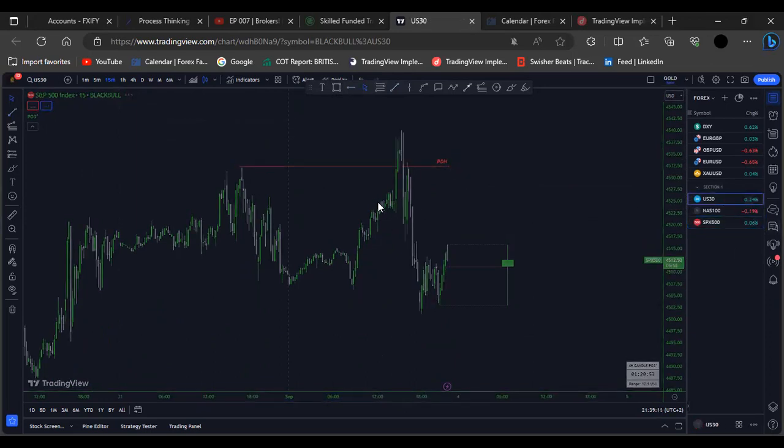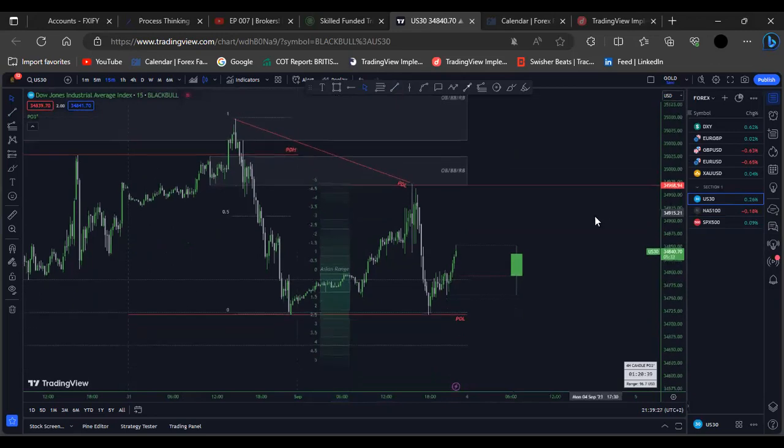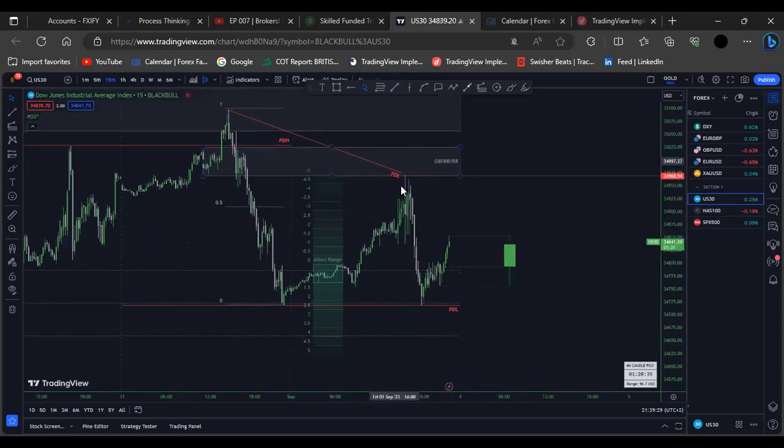But when you come to the US30, look at what we have. This is a previous daily high. We didn't sweep above a previous daily high, and we were far from it. So this was the divergence happening where price is not symmetrical. Hence, it was a big confluence why we took this trade.